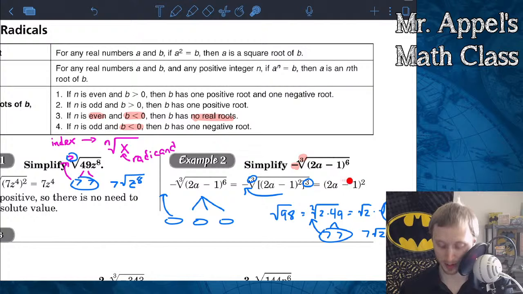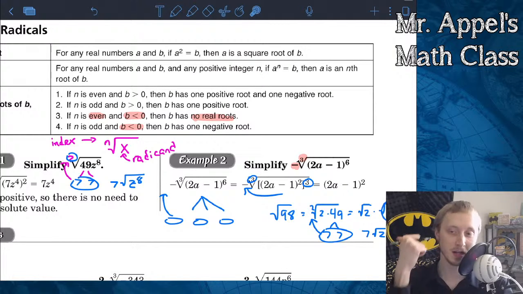It doesn't mean your answer is necessarily negative, especially when it's an expression like this, right? This thing ends up squared, so this part will always be positive. So you've got kind of an exception there. Don't let the negative throw you off. You can end up with a negative number, but not necessarily a negative expression as your answer.